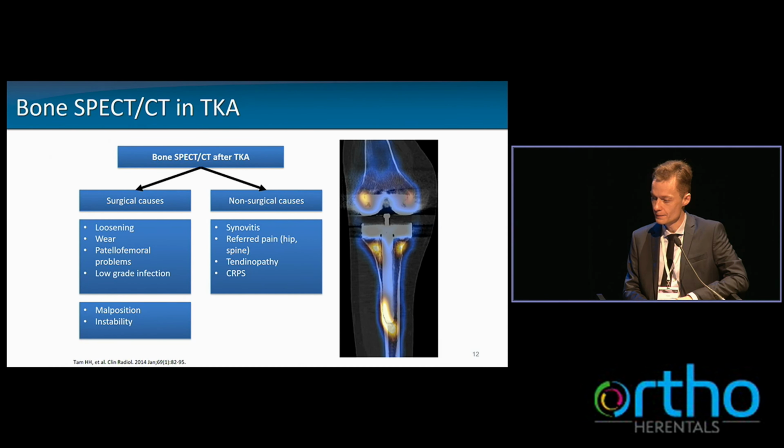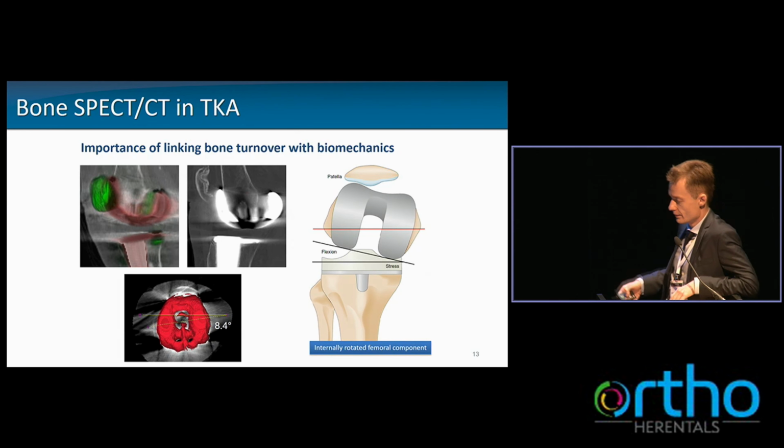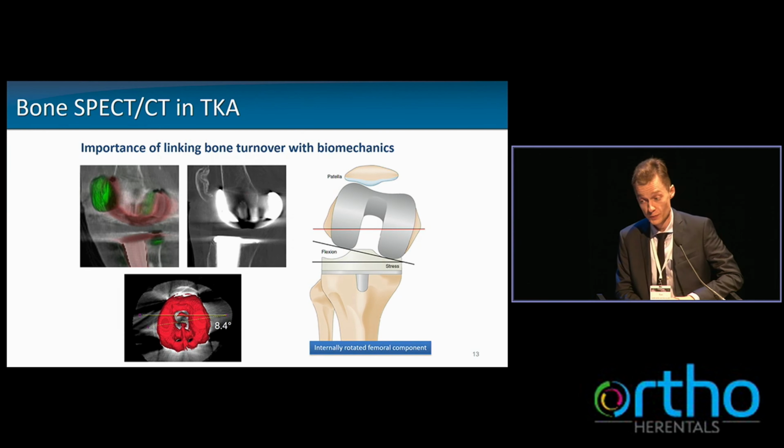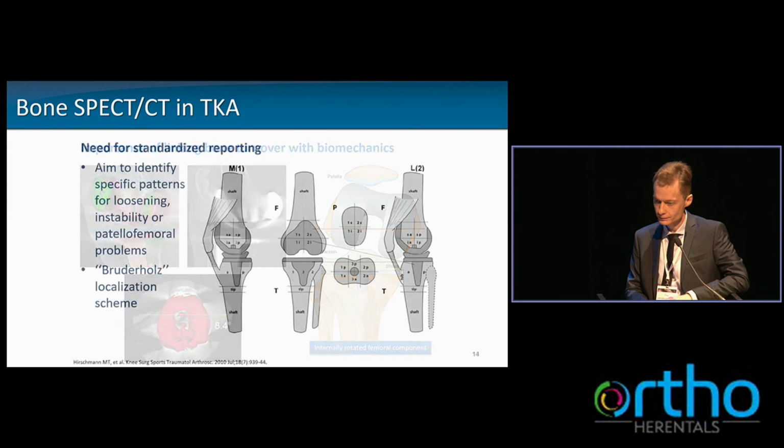But with the help of these tools, we can see that other things are going on. So there's an internally rotated femoral component, which basically gives you the cause of why this patellofemoral problem was caused in the first place. So you can dig deeper if you incorporate these data when you are reading these studies.